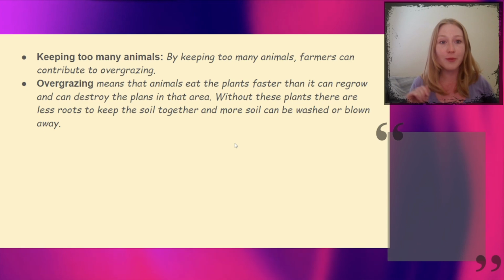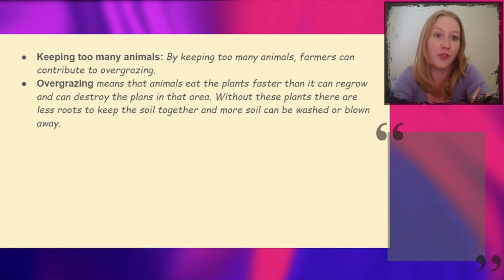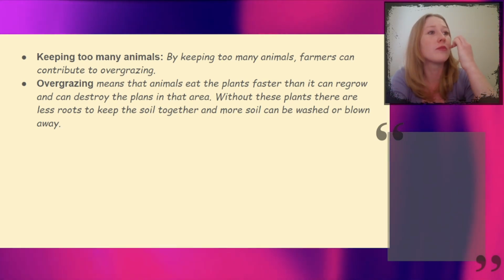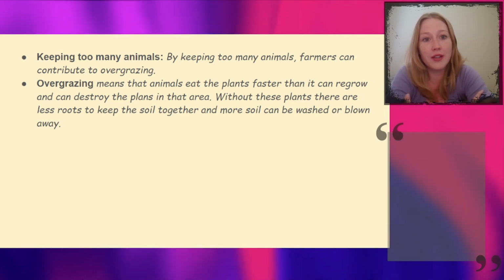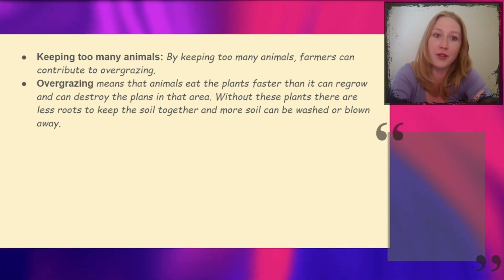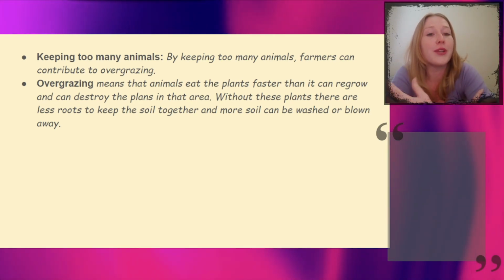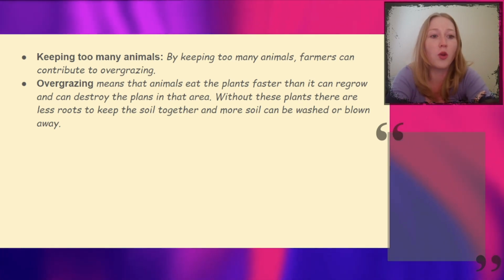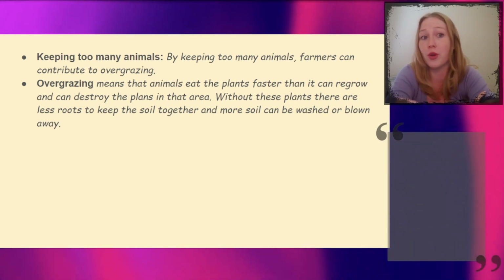And then we get to the animals. If you have too many animals trying to survive off of a patch of land, it will exploit the soil. Like I was saying, if the livestock is trying to survive off of the grass that is growing there, and they're eating it faster than that grass can regrow, then the soil will be left very bare and very vulnerable to soil erosion.